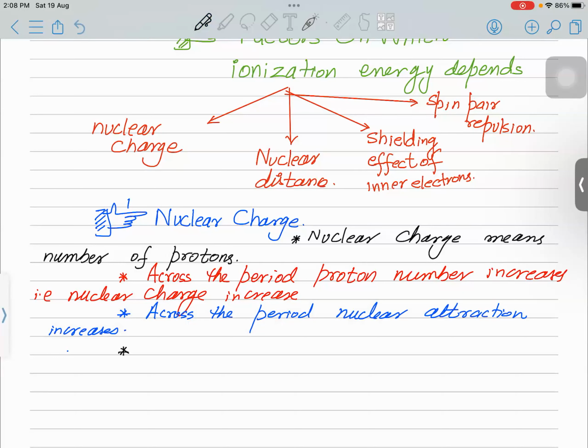This is the first and last factor for today. Now, does the number of shells increase across the period?